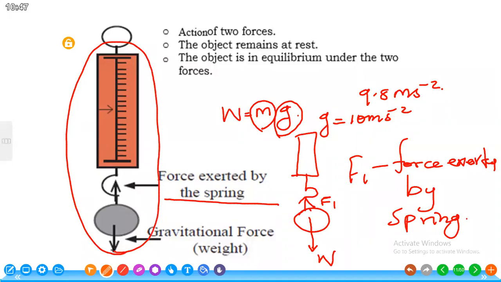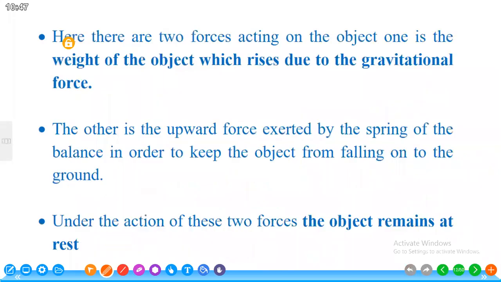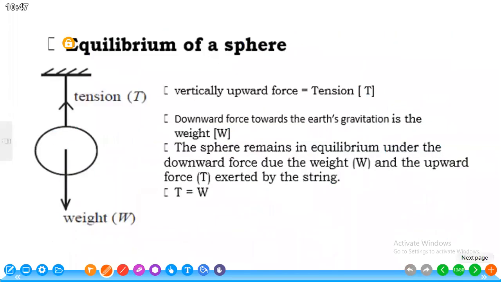Now, first we will know the definition. Then we are going to know how to maintain equilibrium of a body under two forces, before studying some experiments to take a conclusion.